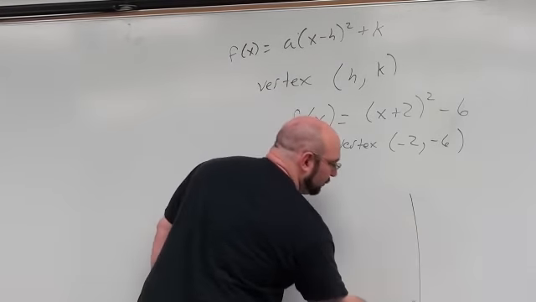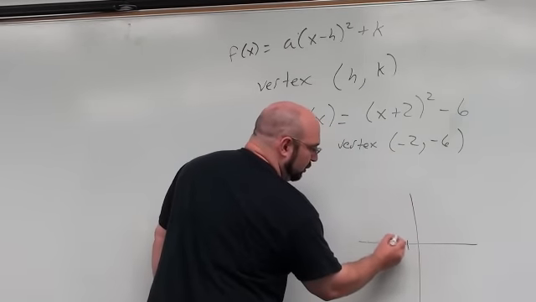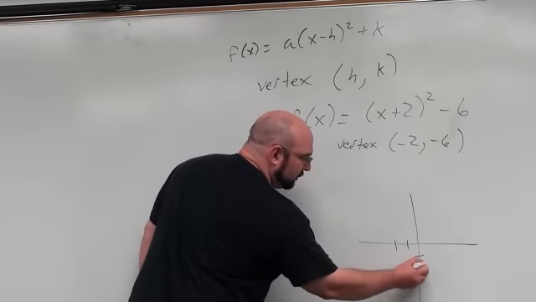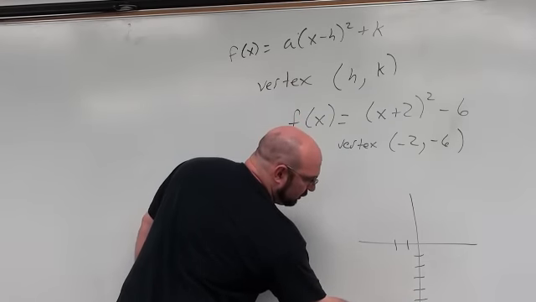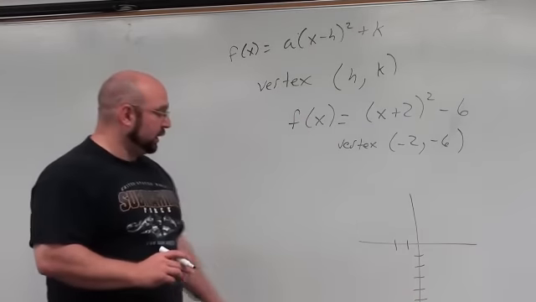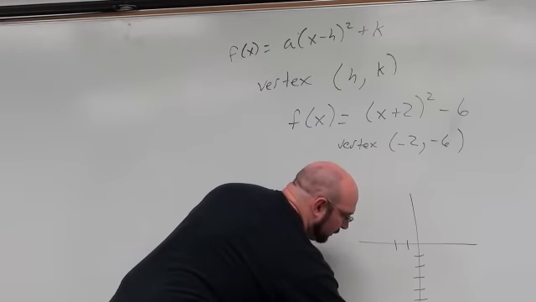So when I draw this out, -2, then 1, 2, 3, 4, 5, 6. That's my vertex, all right? This is my vertex right now, (-2, -6).